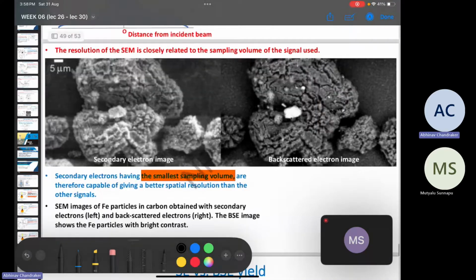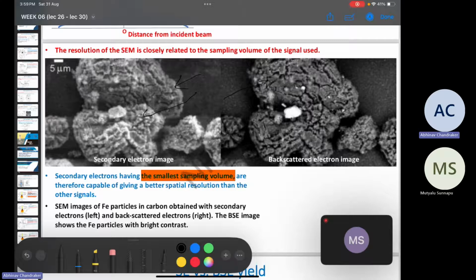Here we can see in these images that the left image, which is for SE, gives much better topographic information. The depth of field is higher. We can see which regions are above and which regions are below. The contours are visible very well.